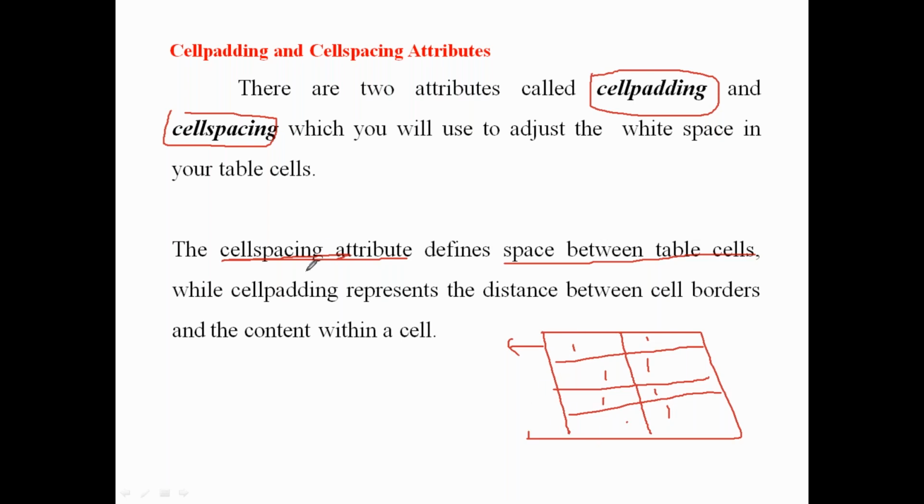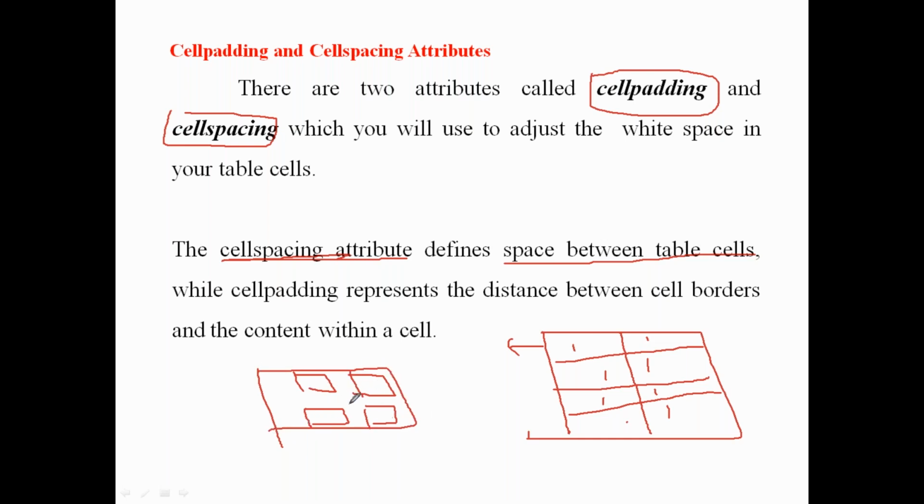So how to give the cell spacing? It defines the space between table cells. Here there are cells 1 up to 8, and it gives the space between the table cells. I will show you how it gives this space. There are two columns and 8 cells.